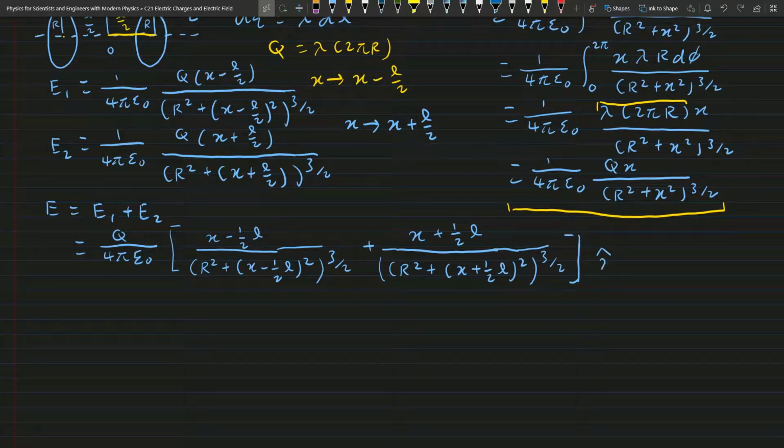And if you like, you can define the direction. Now, this is the answer.